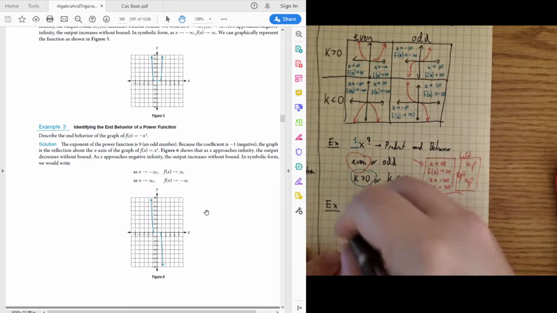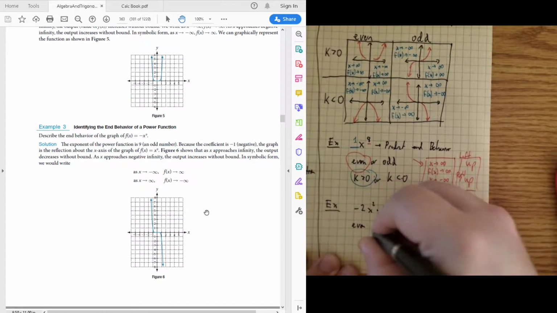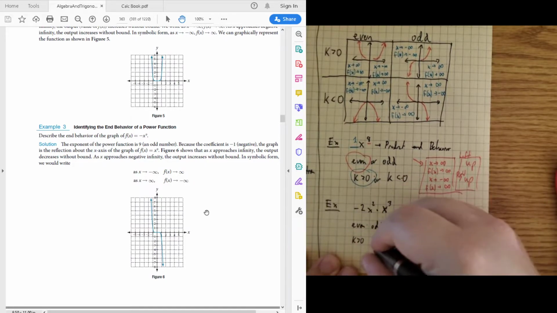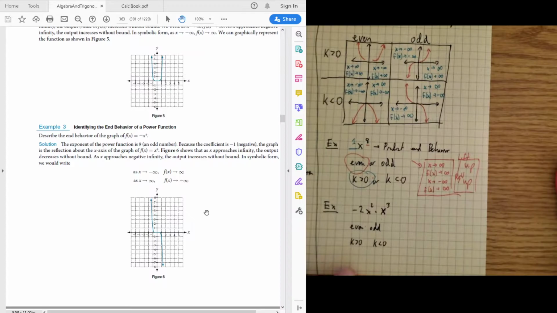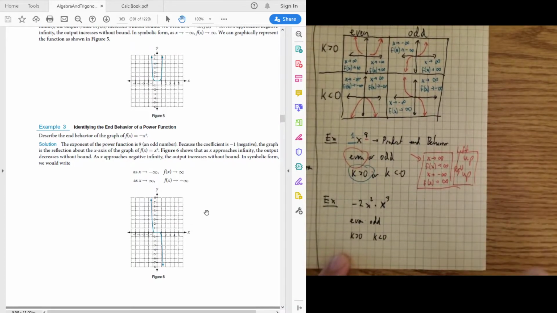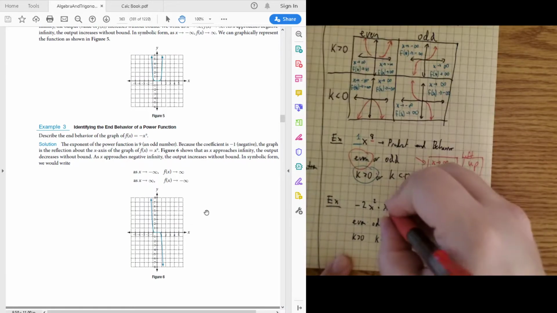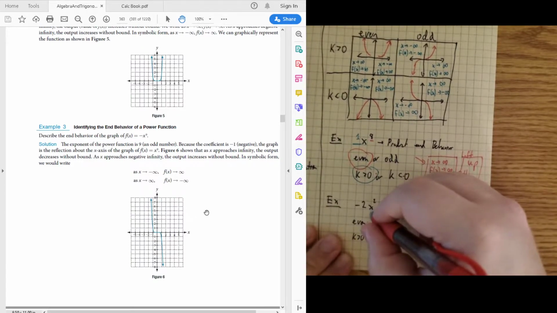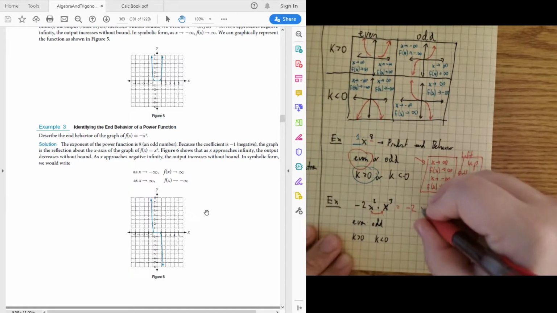Again, we ask two questions. Is this function even or odd? Is k bigger than 0 or k less than 0? Now for this one, let's look at these two parts. As it turns out, if you simplify this function, you take negative 2. Remember, when you multiply these, you add the powers from chapter 2. So we take 2 plus 3, and we get x to the 5th.